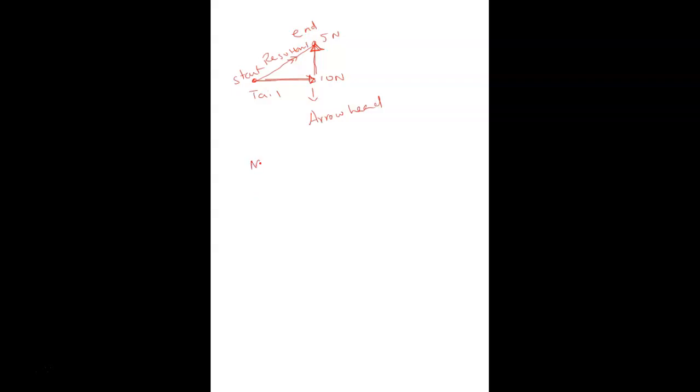So what is the magnitude and what is the direction of the resultant? For the resultant, meaning this line. How will we find the magnitude? First we should know the angle between the two vectors.